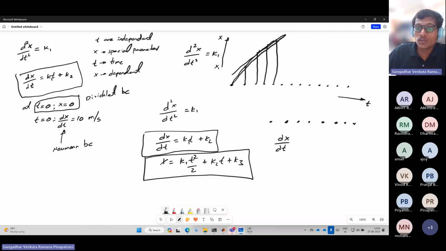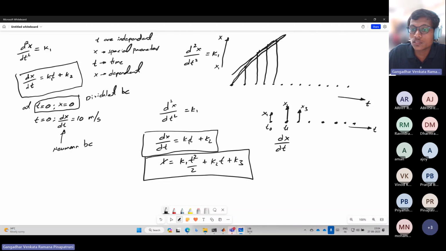Fine. I will not go into the Taylor series expansion, as I'm not going to derive it, but I will give you the idea of another way we can solve it. Suppose for dx by dt, this is the time, and this is your x1 at time t equals 0, and this is your x2 at time t1.